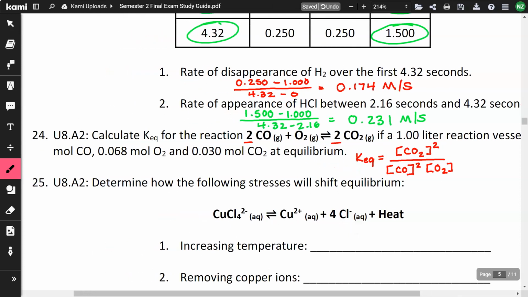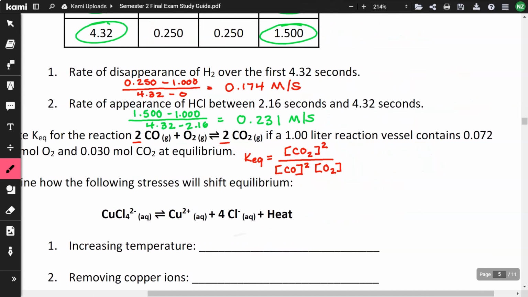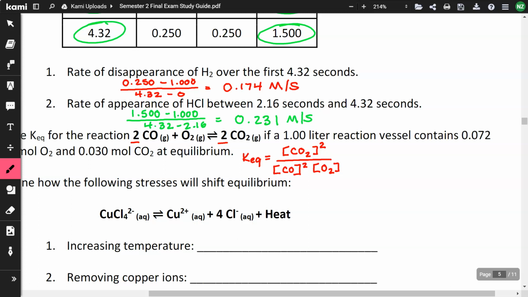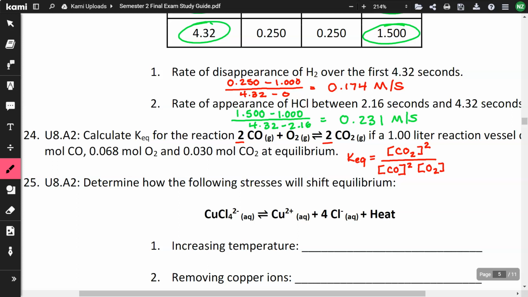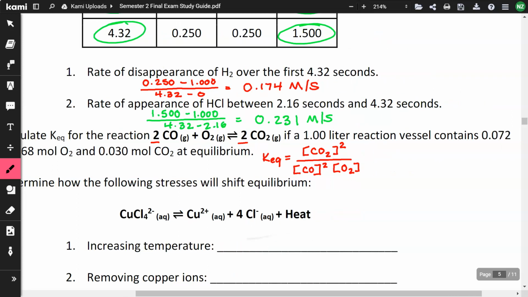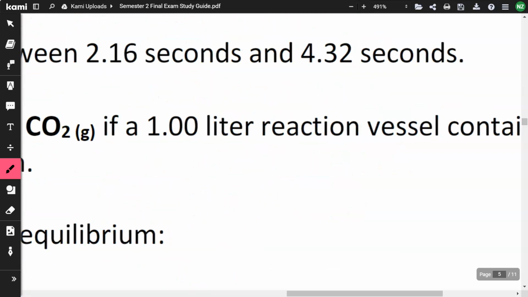If it just asks you for the KEQ equation, that's all you would do. Here it gives us values to plug in: 0.072 moles of carbon monoxide, 0.068 moles of oxygen, and 0.03 moles of CO2.